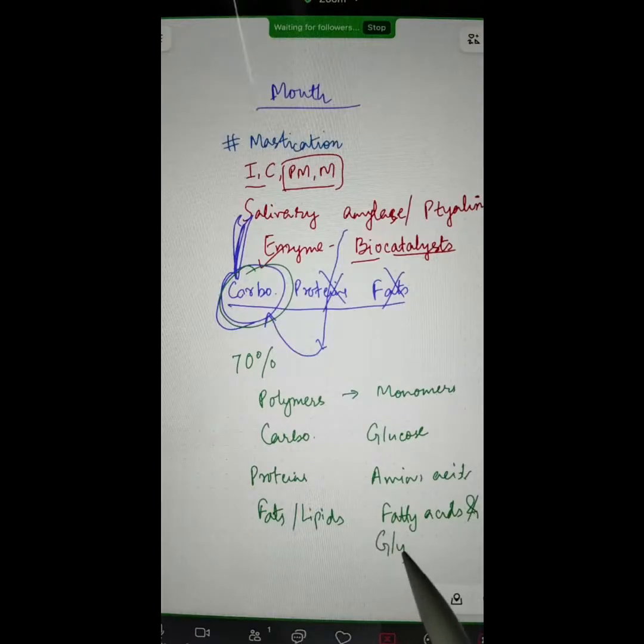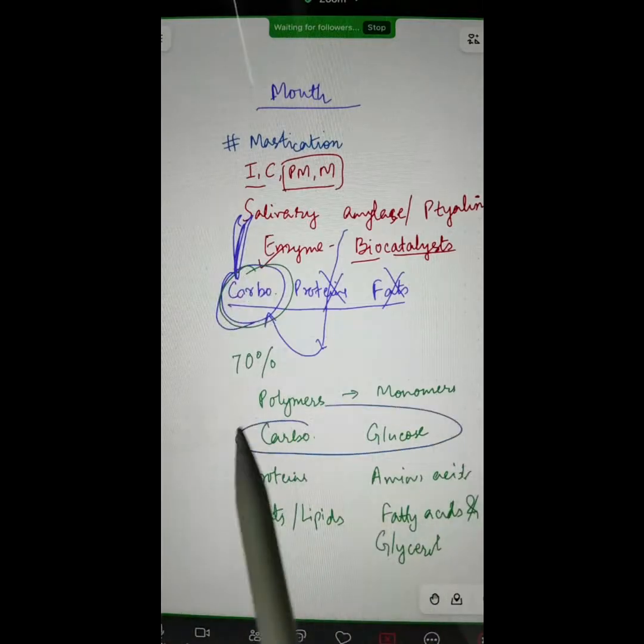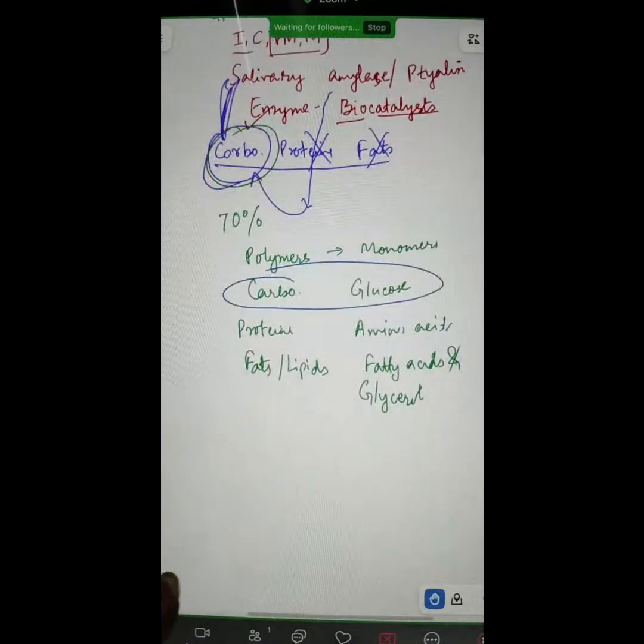Remember, fats and lipids are synonymous to each other. Once they break down, they will be converted into fatty acids and glycerol. So in the mouth, only one part has taken place. Carbohydrates are converted 70% into the monomers.